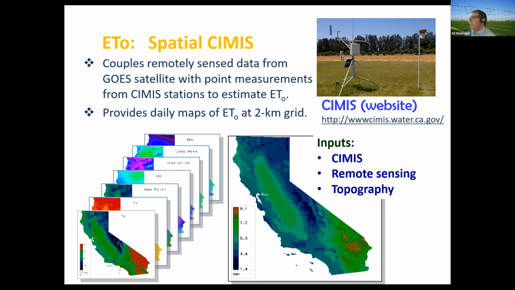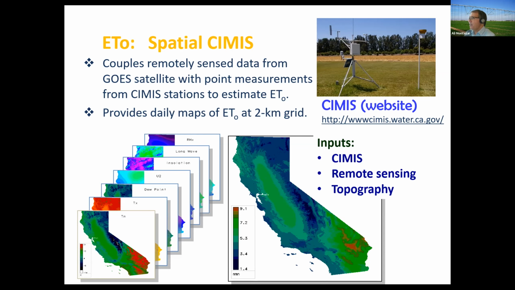What Spatial CIMIS does is it integrates CIMIS data from different stations. As you might know, we have over 150 CIMIS stations in the state of California. Spatial CIMIS integrates all that information from the stations, integrates it with remote sensing, and also topography maps, which is very important, specifically with the topography we have in San Diego.